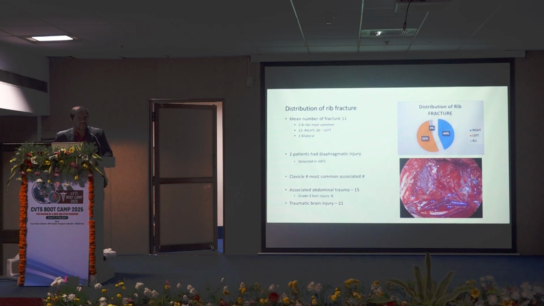In these 2 patients, the radiologist missed the diaphragmatic injury in the preoperative CT. Because we did VATS prior to fixation, we were able to identify and repair the diaphragmatic injury. So VATS always has an extra edge in these patients. This is the diaphragmatic injury that we repaired.